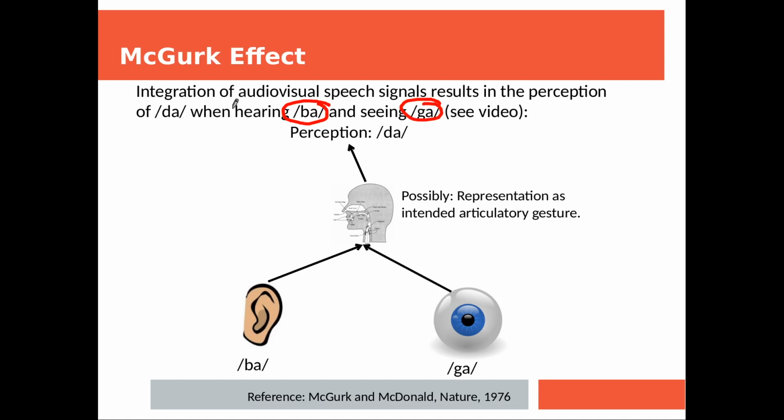Because of the mismatch between you seeing the person trying to say ga and hearing the ba, your brain puts it together and you end up hearing something in between the two, which is da, right? I'll explain a little bit why that happens in a moment, but let's watch the video first.